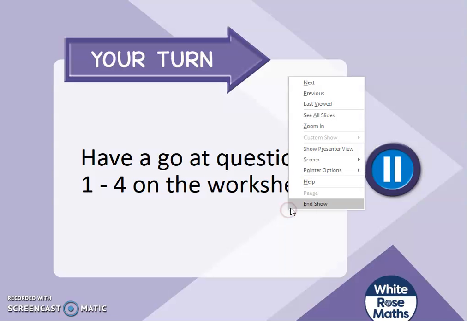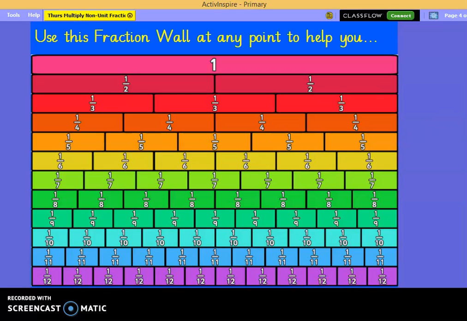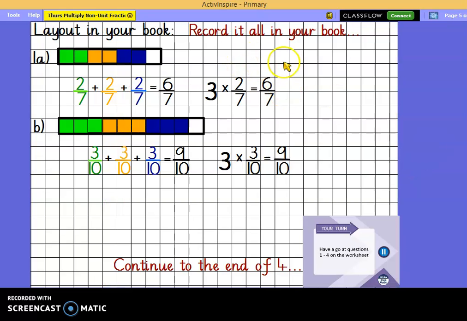Your turn, please, to have a go at questions 1 to 4 on the worksheet. Here's how I'd like you to record those. Remember, you can come back to this to find equivalent fractions at any time. This is how I'd like you to lay it out in your book, just like we saw on the video a moment ago. So 2 7s add 2 7s add 2 7s. We draw the bar as 7 pieces, and we shade in 2 each time in a different colour using the colours in your pack.